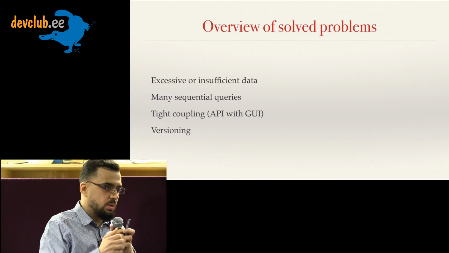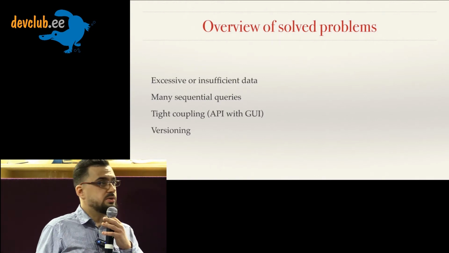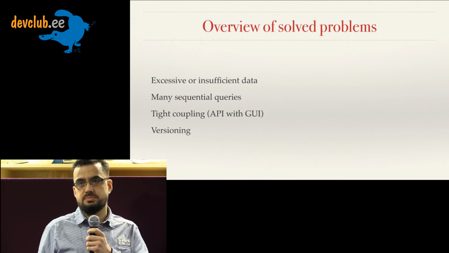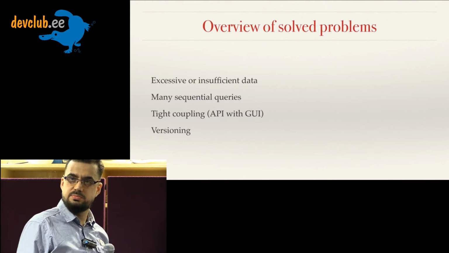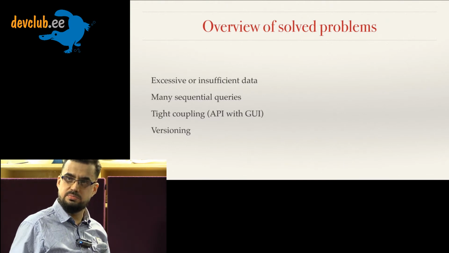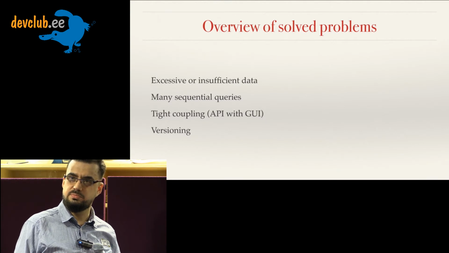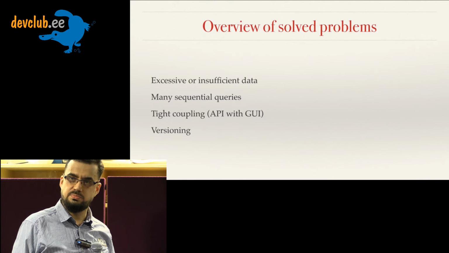Sorry, a bit of a side note. Other than Insomnia, there's still a possibility to test the GraphQL API by sending a regular GET or POST request, where you provide the query itself as a request body or as a query string.